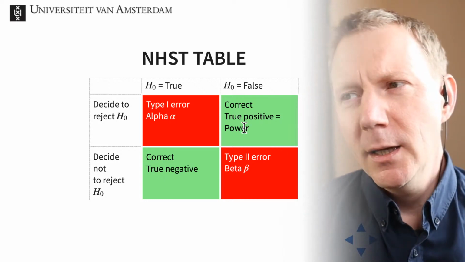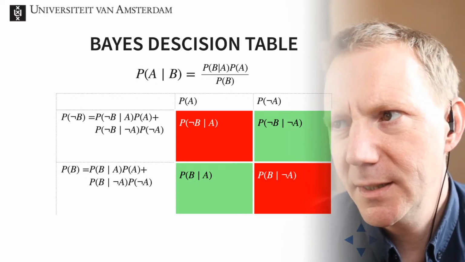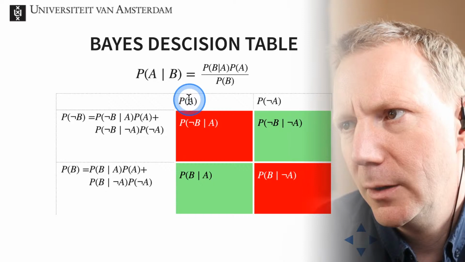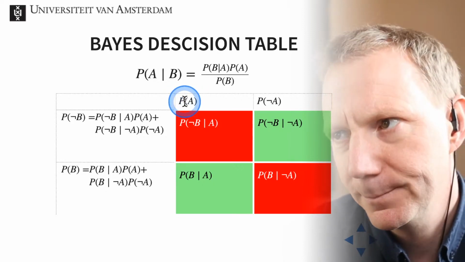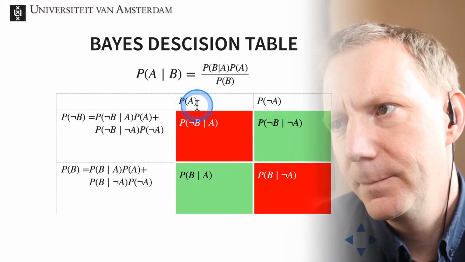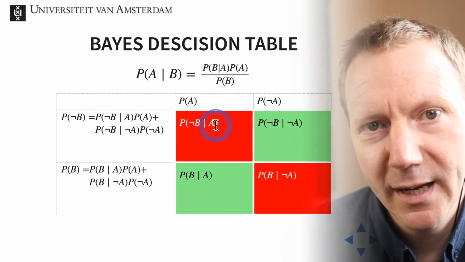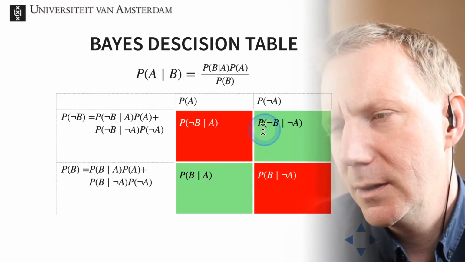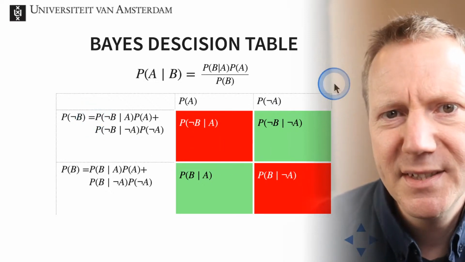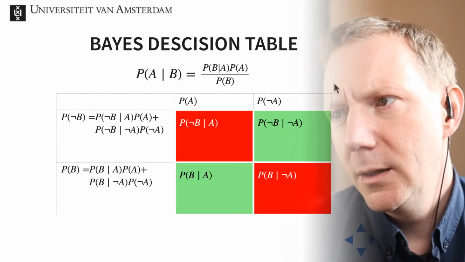Yes. Yeah, very good. So what we're doing now is looking into this in a bit of a Bayesian framework, where we're saying that we have the probability of some hypothesis, the probability of hypothesis A, and we can contrast this with the probability of not A. And if we have that kind of information, we can determine what the probability is of not B given A. And we can determine what the probability is of not B. And if you look at this, it is a bit the same as we've been seeing for the null hypothesis, right?